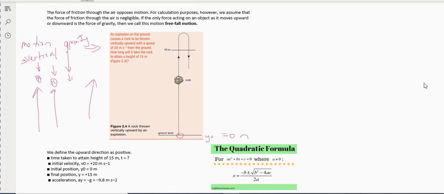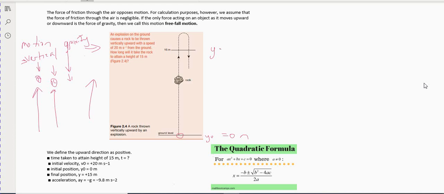Then up to 15 meters, we want to see how long it took this rock to reach or to attain the height of 15 meters. Okay, so our y would represent the final displacement on the y-axis.